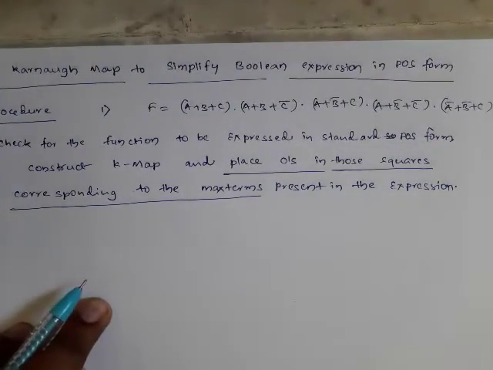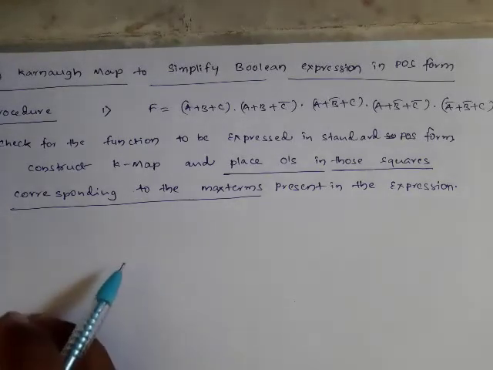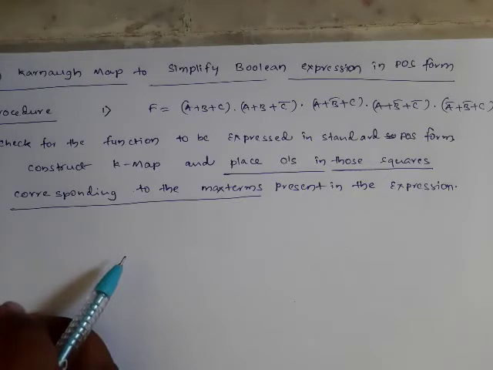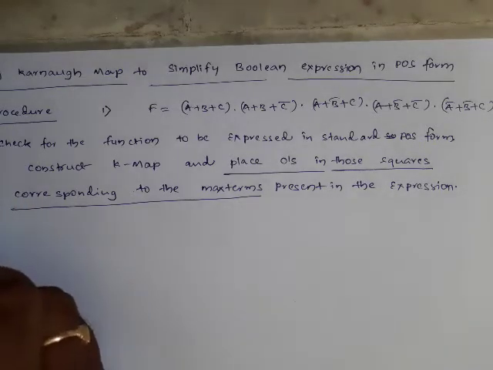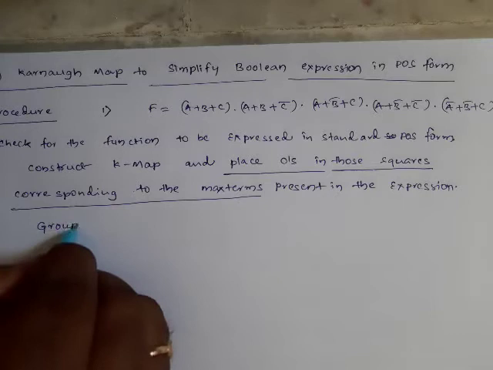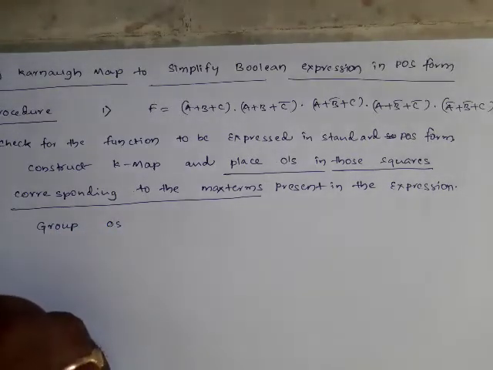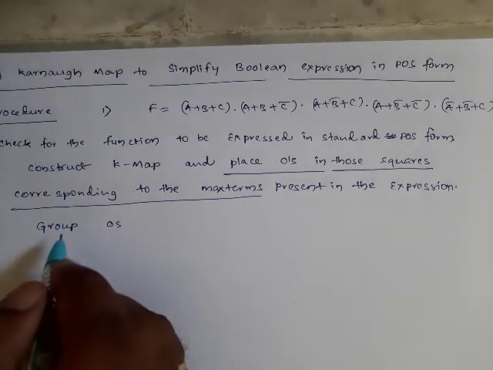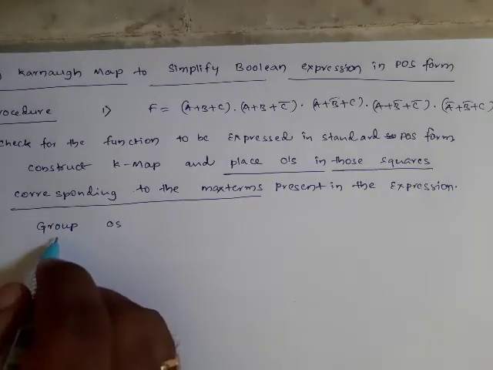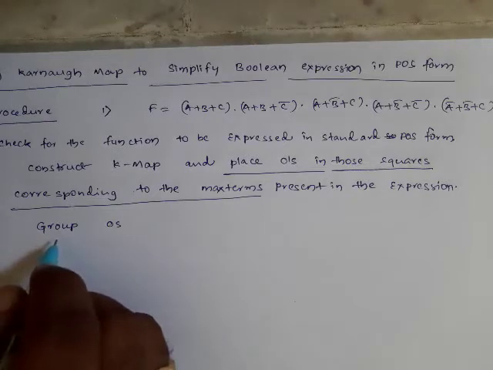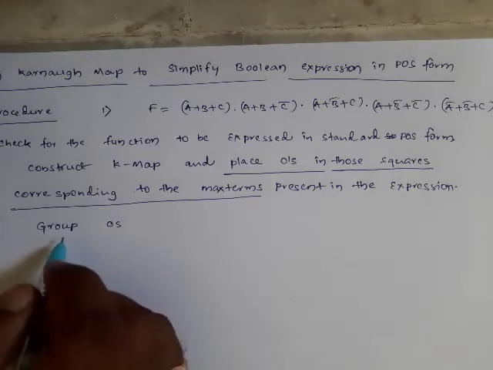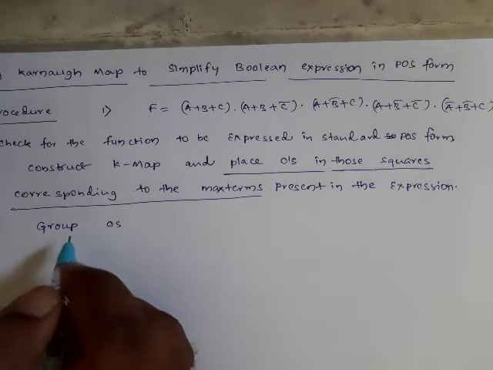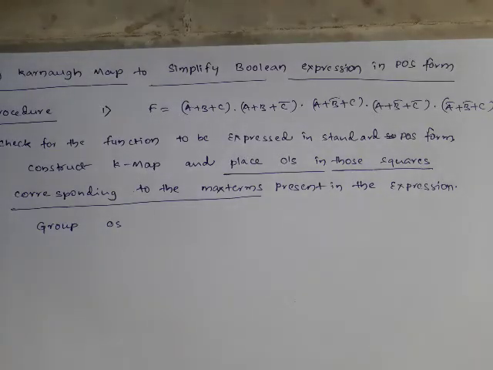After that, the other steps are the same. The third step is to group zeros, and the grouping rules are the same. That means we first look for isolated zeros, next for zeros adjacent to only one other zero, and then for a group of 16 zeros, and if not, a group of 8 zeros, if not a group of 4 zeros, if not a group of 2 zeros.